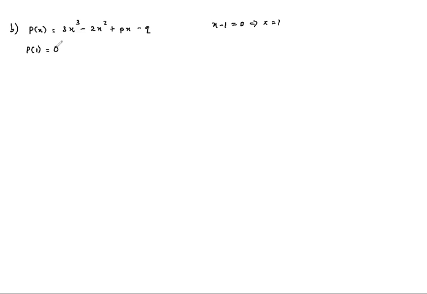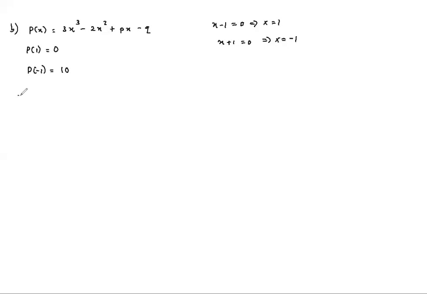Okay? You leave it there. It leaves a remainder of 10 when divided by x plus 1. Again, equate it to 0 immediately, obtain the value -1. Come back here and say P of -1 is going to be the remainder, which is 10.